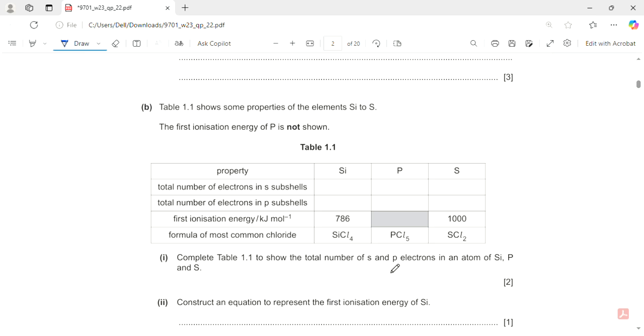So if we count for silicon: 1s2, 2s2, 2p6.